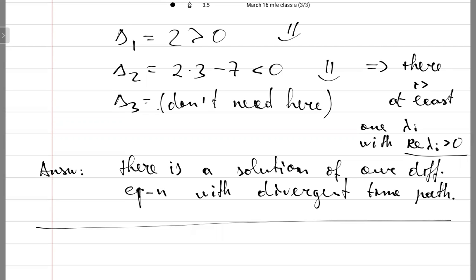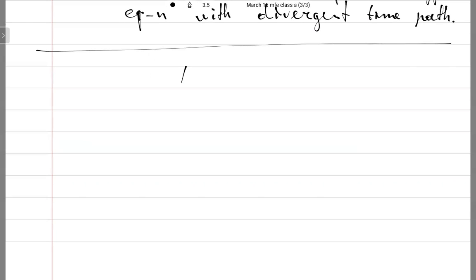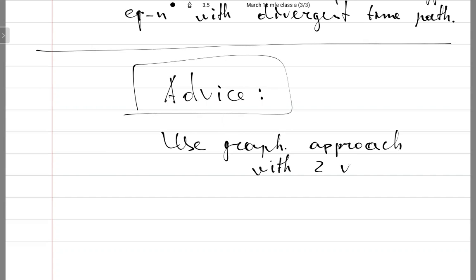Okay, my advice, big advice. I will write it in big letters. Use graphical approach with two variables.